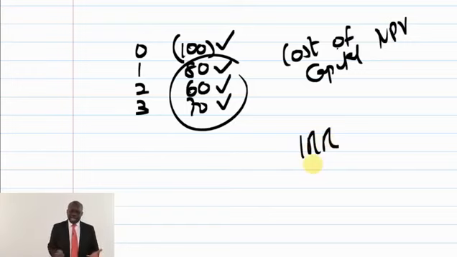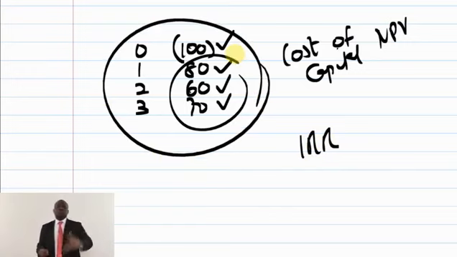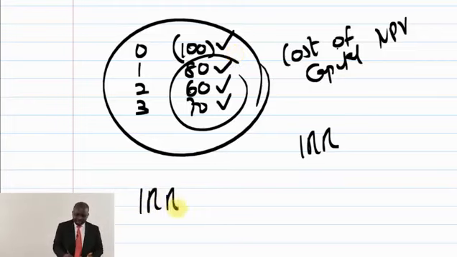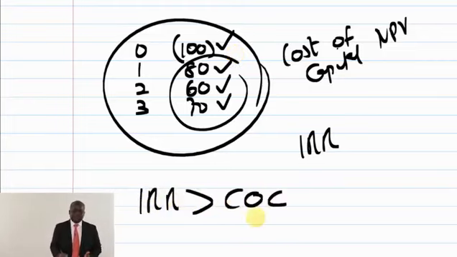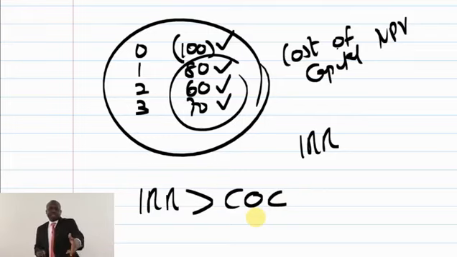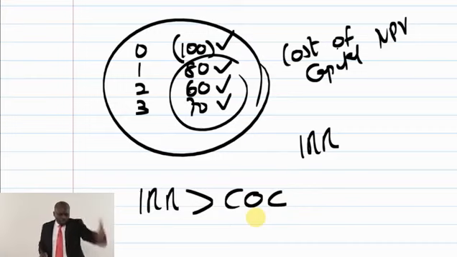And we all know that for this project to be invested in, our internal rate of return will be greater than the cost of capital. You have invested the money, you've got the return first, which is 80. You are also going to reinvest it again, and you're going to get a return which is more than the cost of raising money.